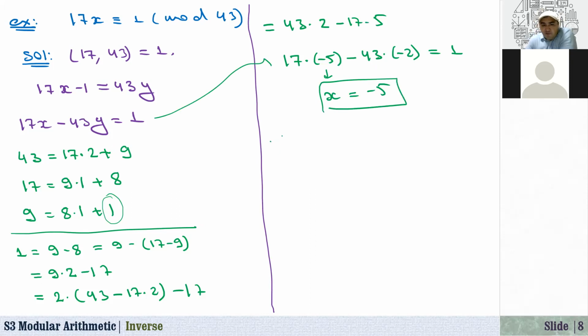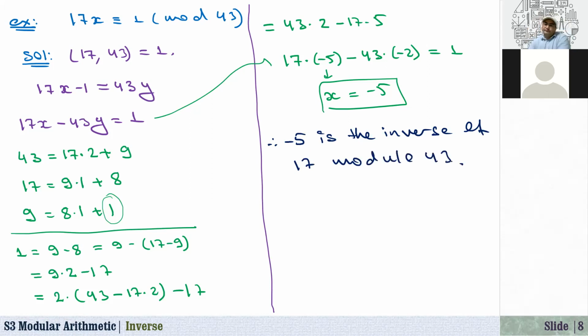It means that negative 5 is the inverse of 17 modulo 43.